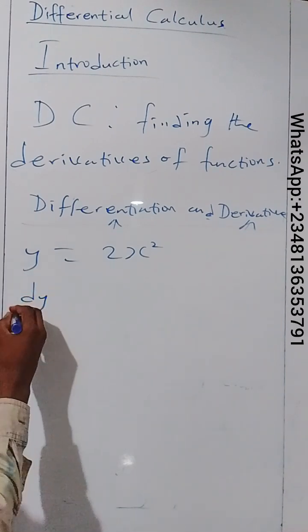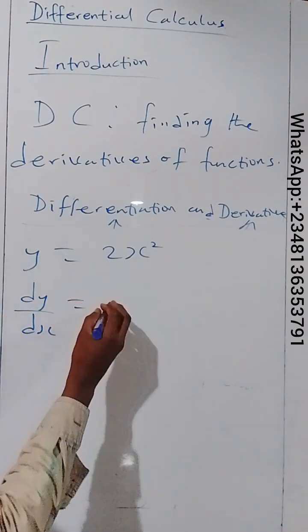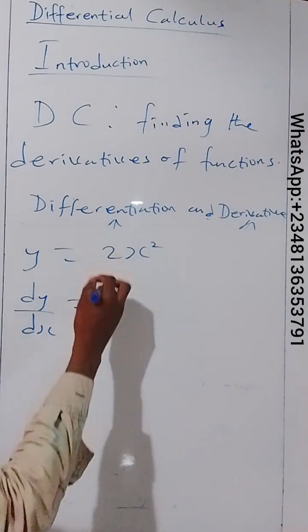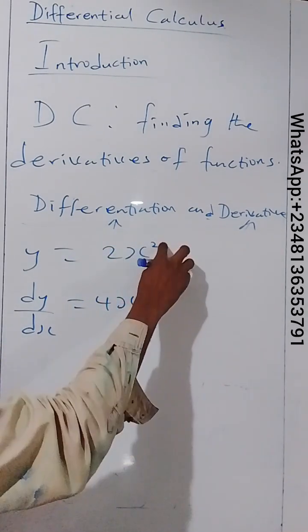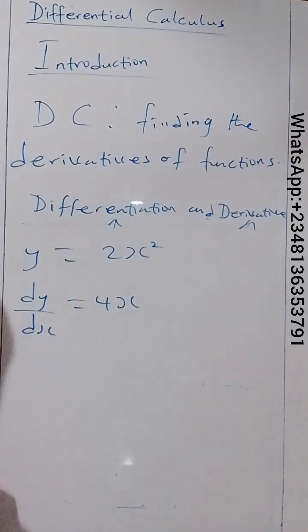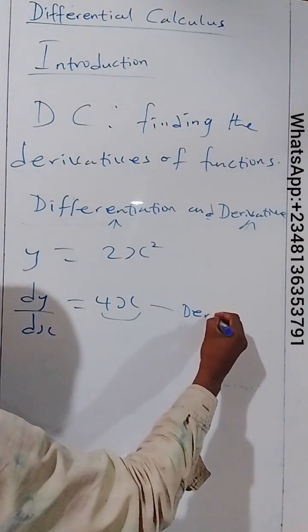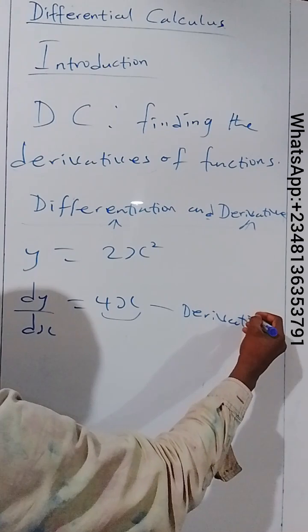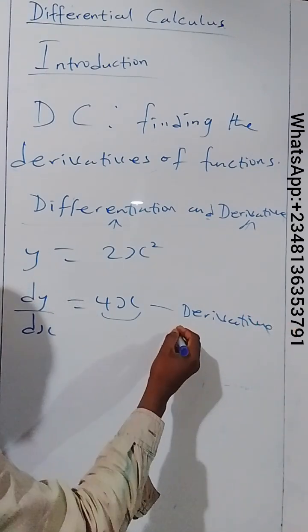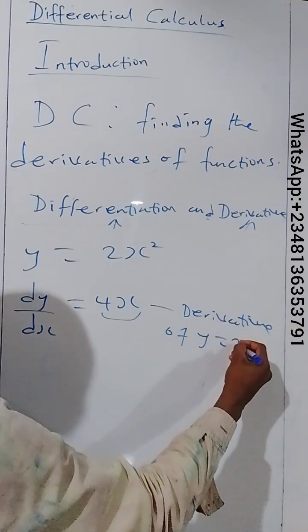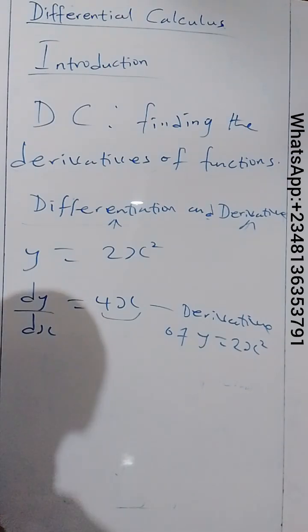So dy/dx will be equal to 2 multiplied by 2, which gives 4x. You subtract 1 from the power, it remains 1. So this 4x is called the derivative of y equals 2x squared.